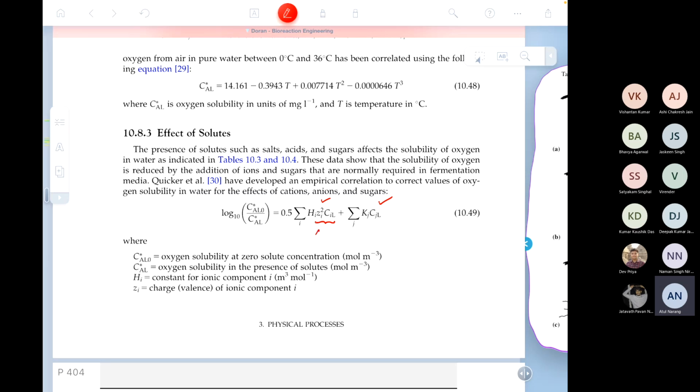This quantity is what is called ionic strength. Have you heard of this quantity called ionic strength? No, sir. So Zi is the valence of the ion. For example, Ca2 plus would have Zi equal to 2, and Ci would be the concentration of that ion.